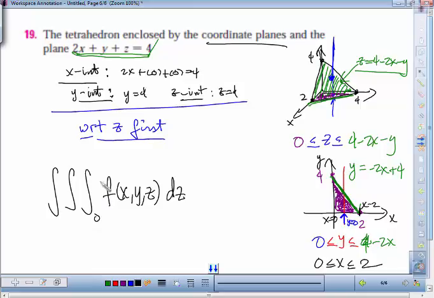Okay, so we got z from 0 to 4 minus 2x minus y. Our y goes from 0 to 4 minus 2x, and then our x, sorry, goes from 0 to 2. All right?